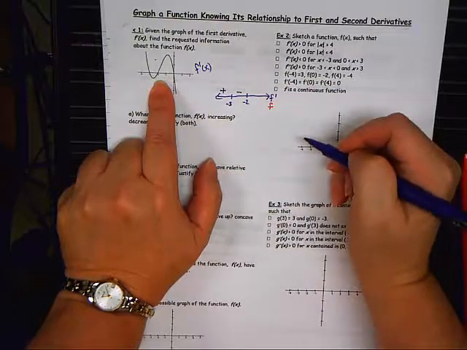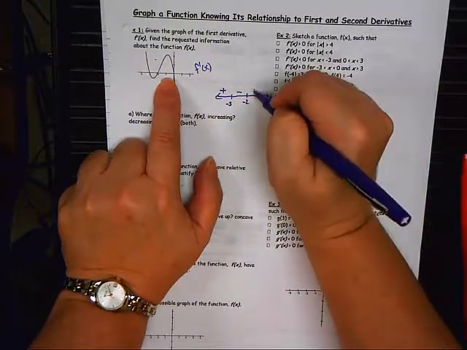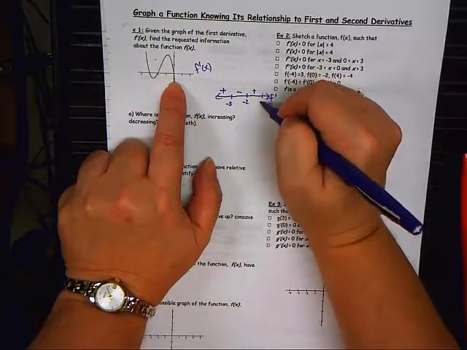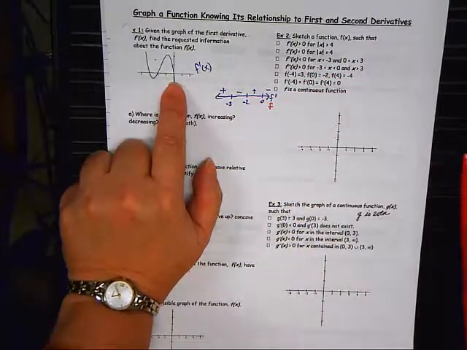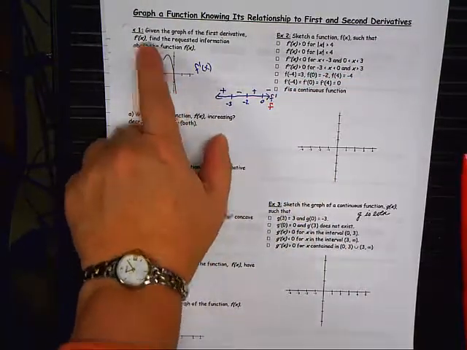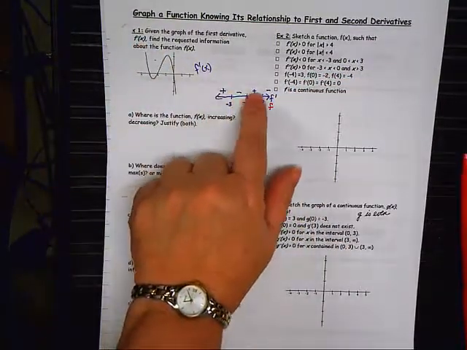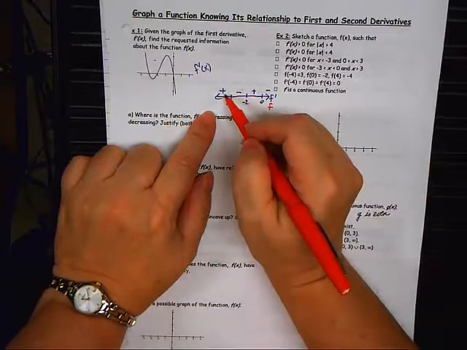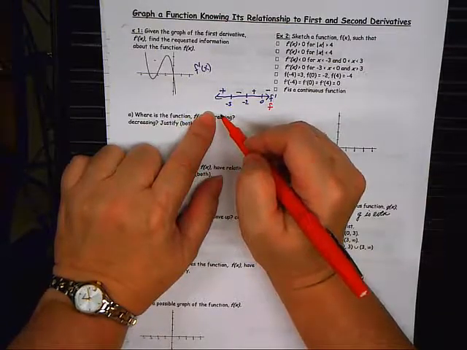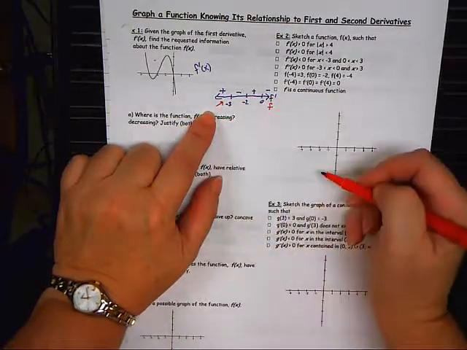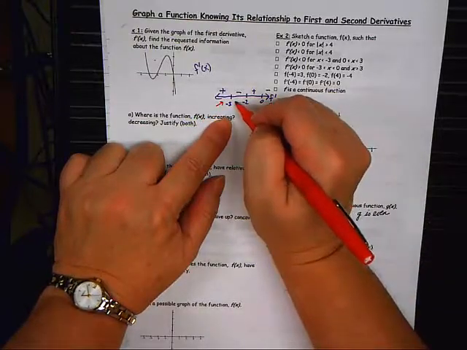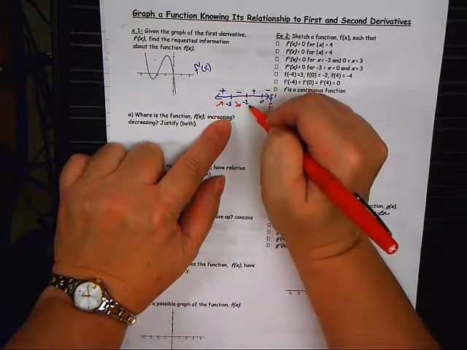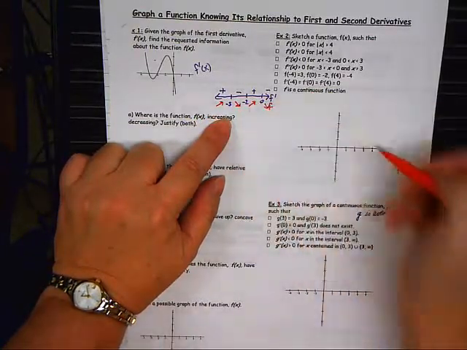Negative 2. And then it is above again until I get to 0. And then it is below. So this plus and minus information is going to tell me what f is doing. So f in this case, if this is a plus sign, what symbol goes here? Increasing. That's increasing. And then it's decreasing. Then it's increasing again, and then it's decreasing.